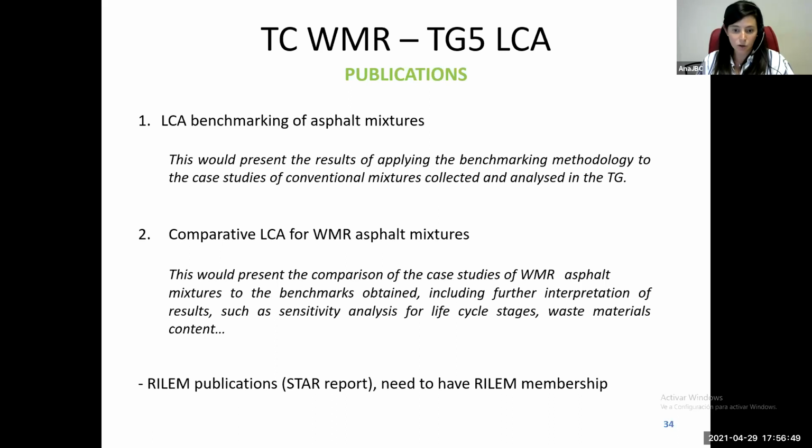And then there is another type that is the RILEM publications, such as the STAR report, that to be an author of this, you need to have the RILEM membership. That's something to highlight. But really, this slide was more for brainstorming, no? And to have your inputs and ideas as well on how you see the outputs.